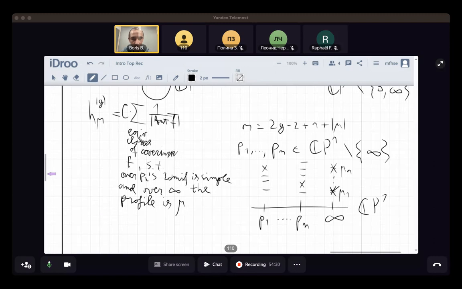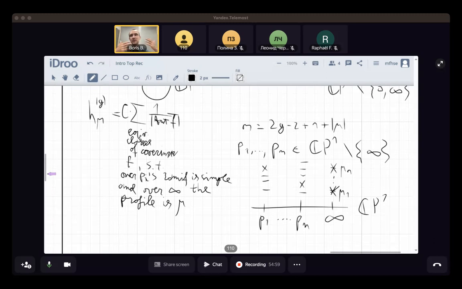Formally, the automorphism of the covering is a homeomorphism of the covering surface such that its composition with the covering just equals the covering itself.